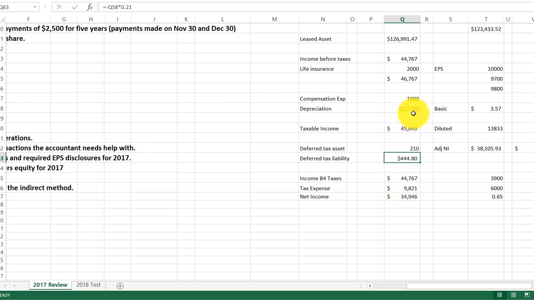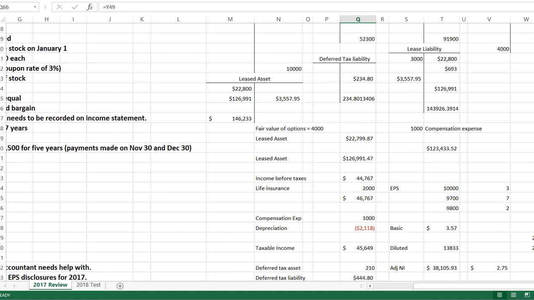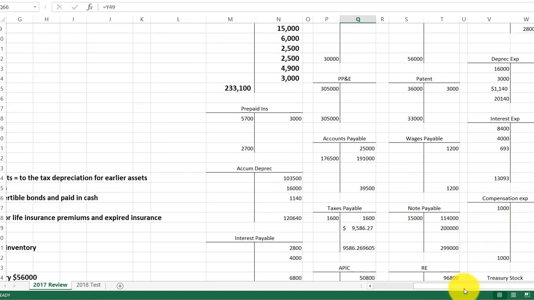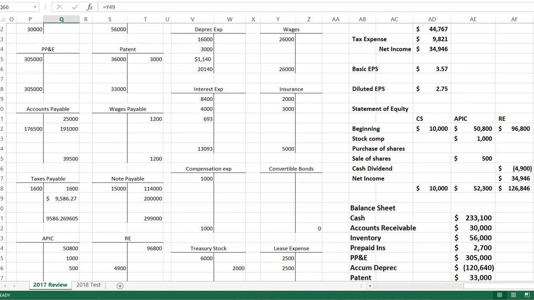So it's those three together equal tax expense. All right. Tax expense on this and the adjustments for these two. So that gets us through the income statement. All right. We'll come back in the second part and do the earnings per share and finish the financial statements.